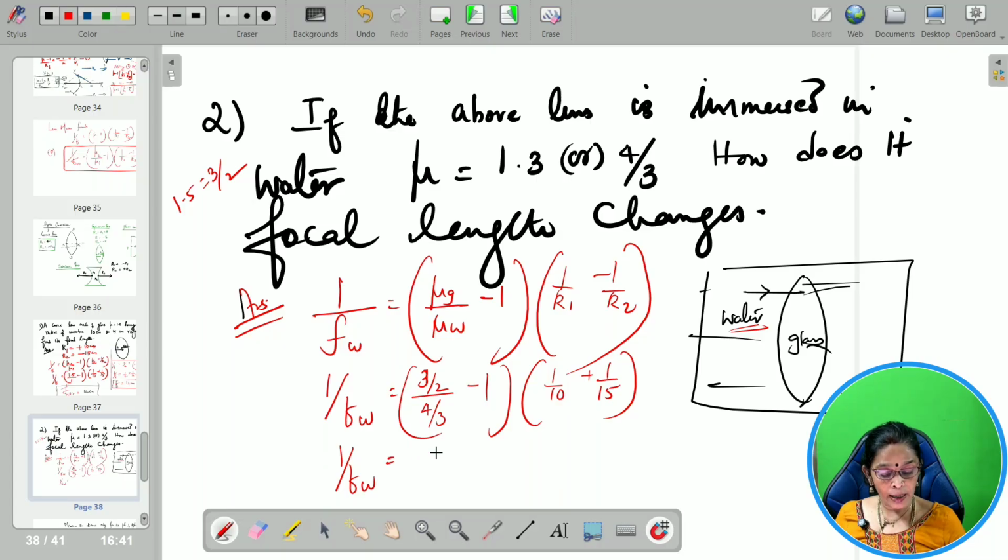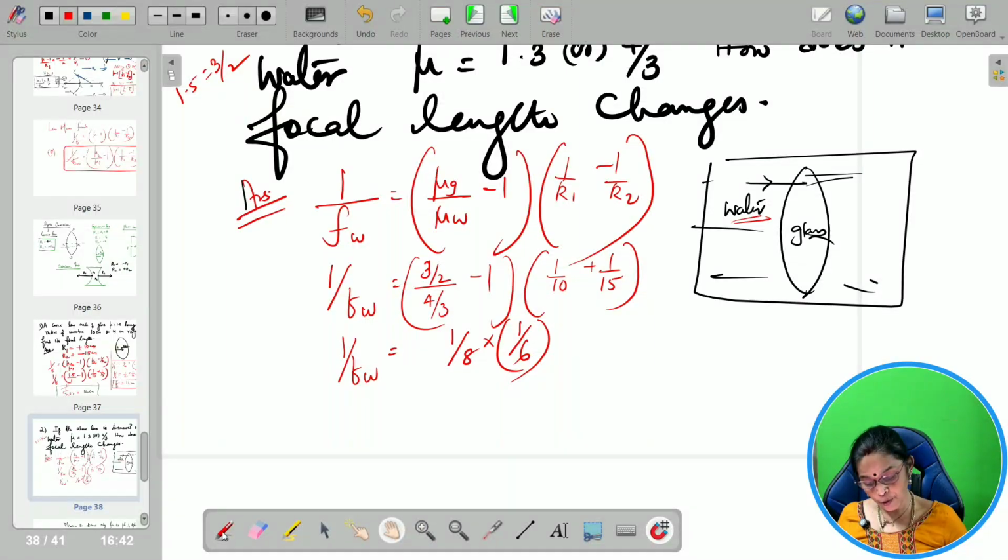So that is equal to 9 by 8 minus 1. So that is equal to 1 by 8 into 1 by 6. This is 9 by 8, 9 by 8 minus 1 is equal to 1 by 8. So therefore, 1 by f water is equal to 1 by 48. So therefore, f water is equal to 48 centimeter.